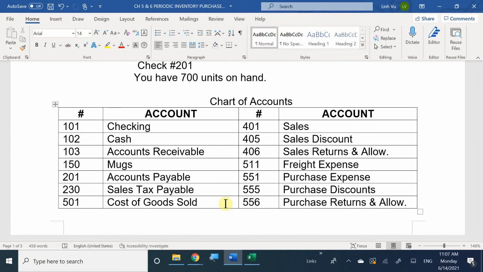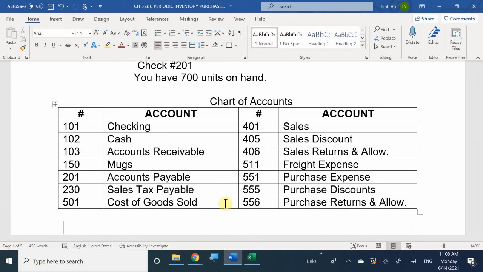That's when we owe our vendors money. No, accounts receivable, I get that part. But looking at my list of accounts, it's not a sales return, it's not a freight expense, purchase discounts, none of that stuff. The only thing I could see is accounts receivable.